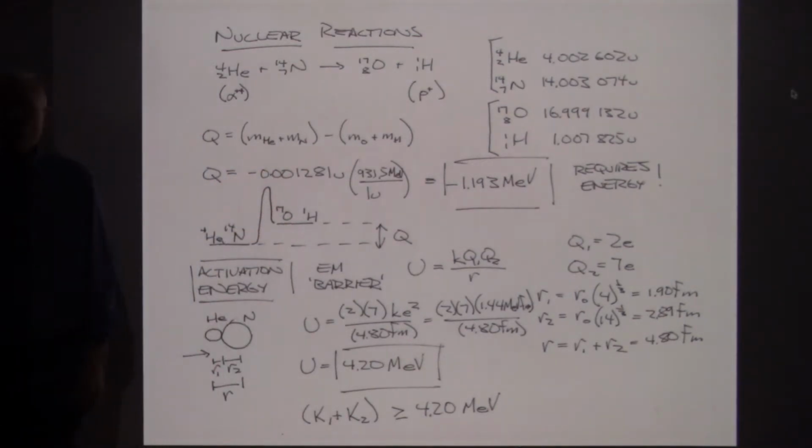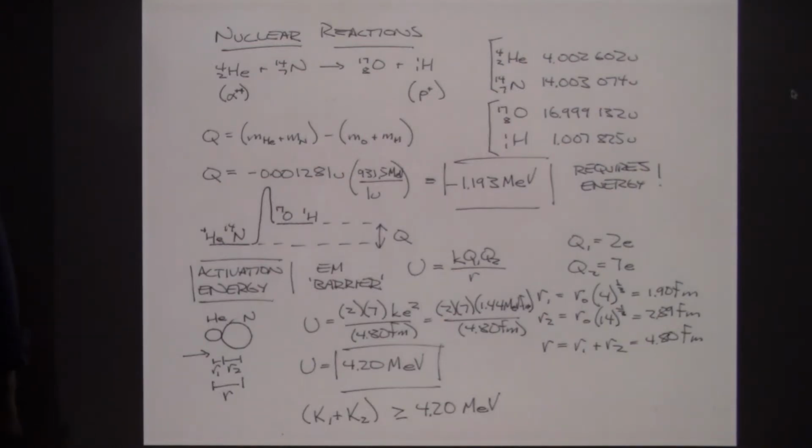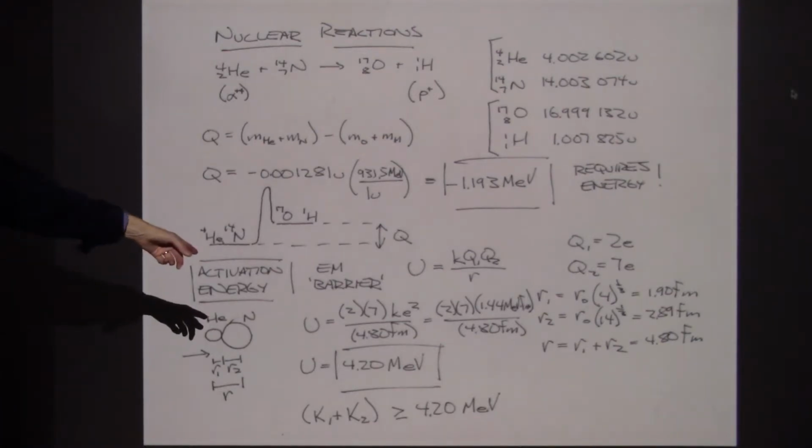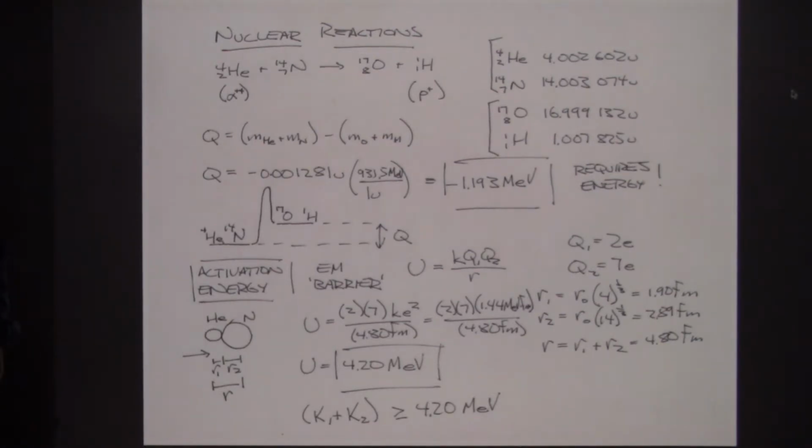These guys are going to come flying out of the reaction. It's not like we're going to generate them and they're just going to be sitting there at rest. We're going to have 4.20 MeV to set off this reaction.